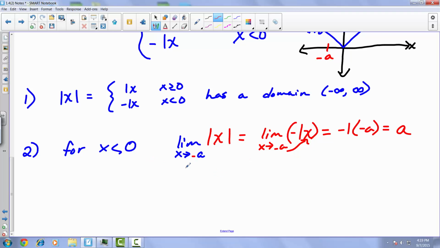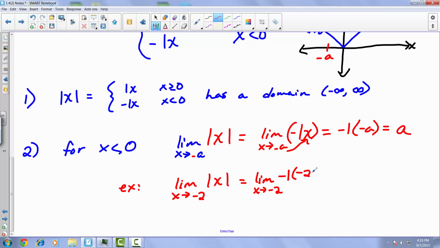So just a really quick example of this would be like the limit as x approaches negative 2 of the absolute value of x. Well, that's equal to the same thing as saying the limit as x approaches negative 2 of negative 1x.